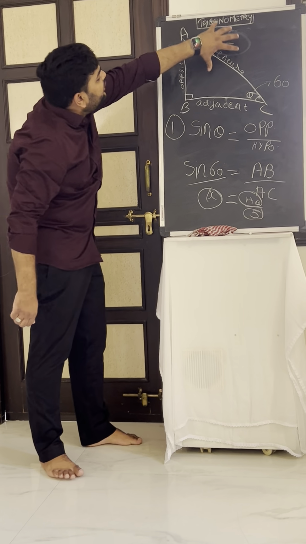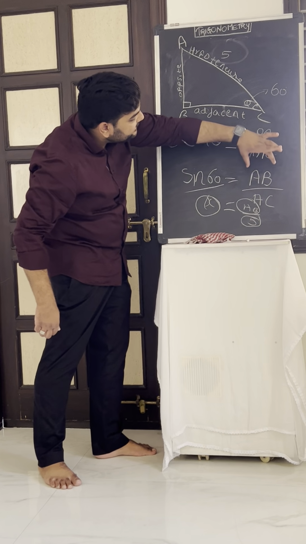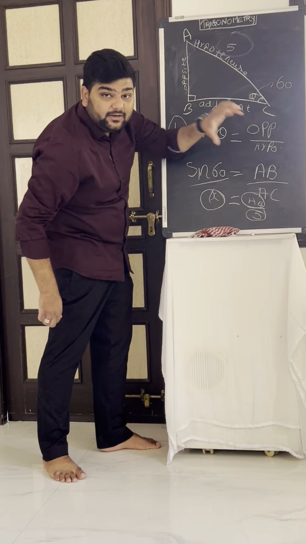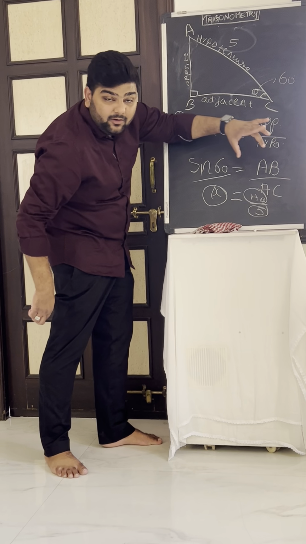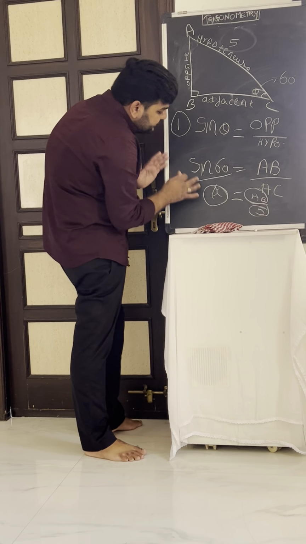If I have the value of any one of these two sides, I will keep the value of that side in its place, and we have the preferred value for sine 60.